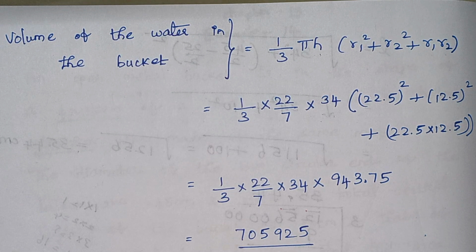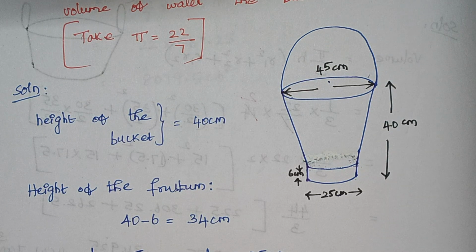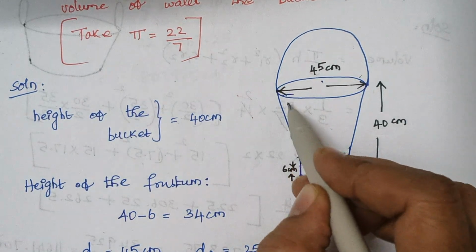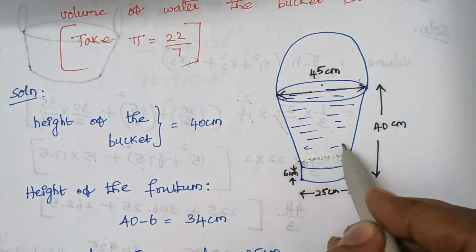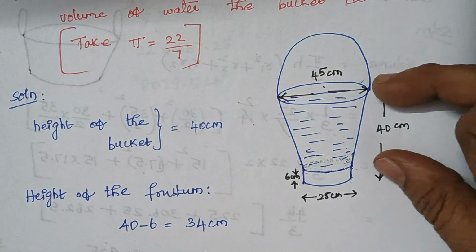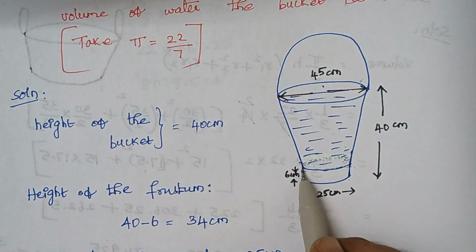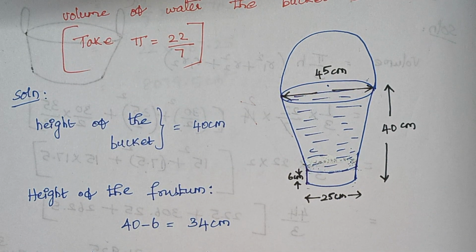Here why are we not including the entire height? Because we need to find the volume of water that can be filled inside the bucket. So this is the area that can be filled with water. It is enough to consider only the height of the frustum, not the height of the entire part, because the base cylindrical part is provided to give support to the bucket.